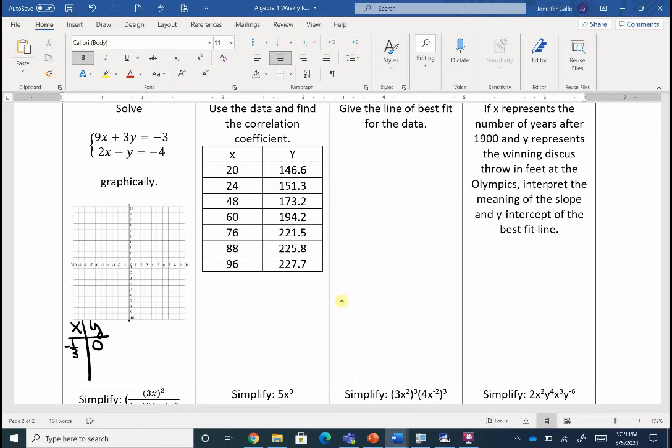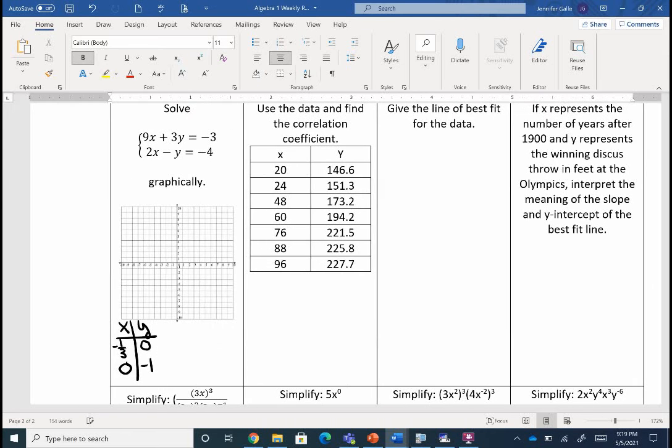Then I'm going to put 0 in for x and solve for y. So y would be -1. Now, if you're not feeling super comfortable with graphing that fraction, what you could do, I'm going to go into the margin space over here.